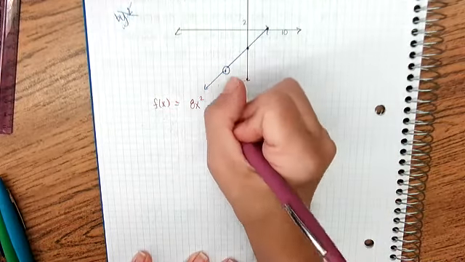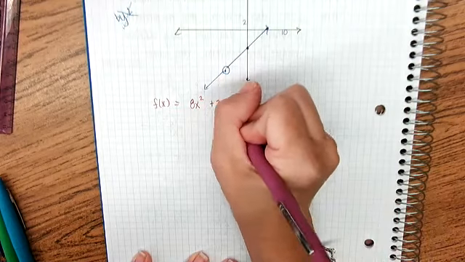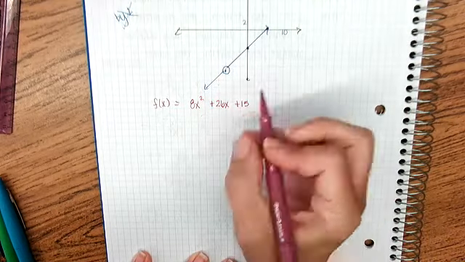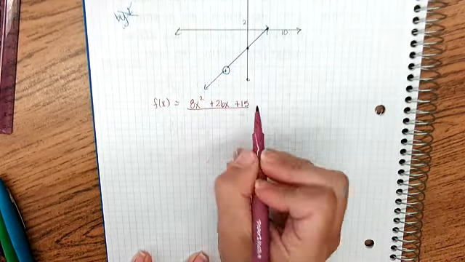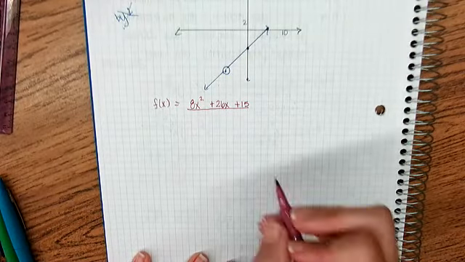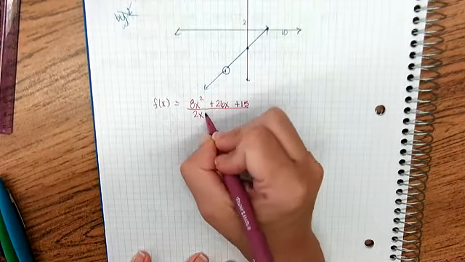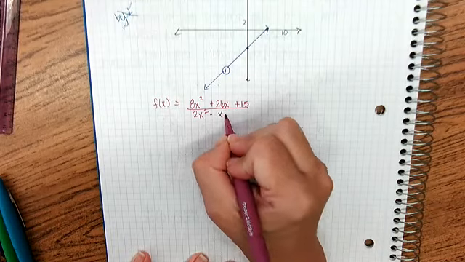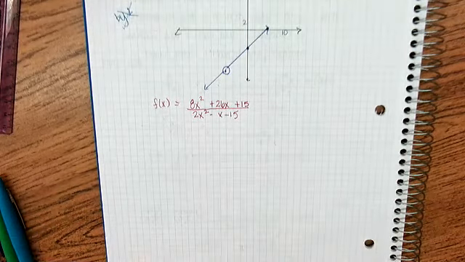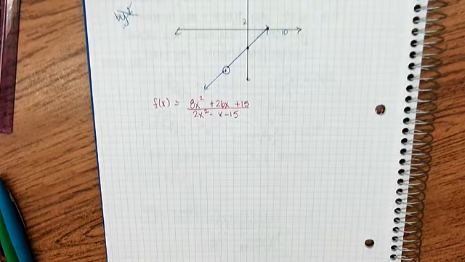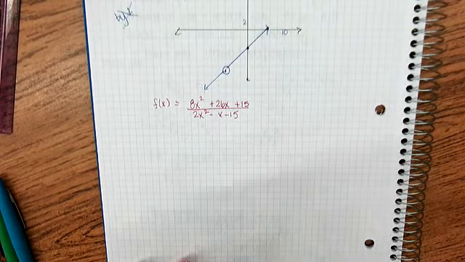8x squared plus 26x plus 15 over 2x squared minus x minus 15. First thing you should do is factor, so I'm going to pause here and you factor it.